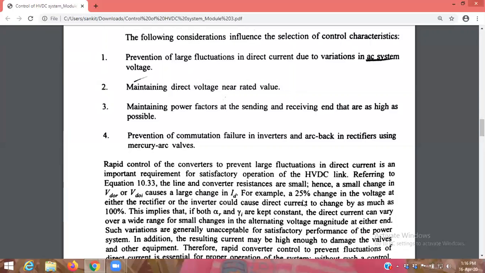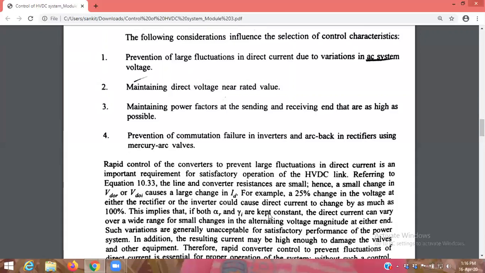For example, a 25% change in the voltage at either side of the rectifier or the inverter would cause the direct current to change by as much as 100%.